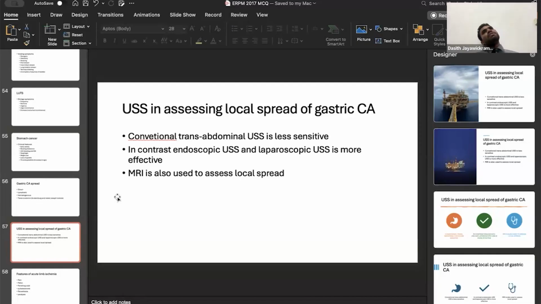LFT will not give us an idea about local spread. It will give us an idea about whether the liver is involved, but other than that, not. So it's false. So the answers are: MRI true, abdominal ultrasound false, echo false, endoscopic ultrasound true, LFT false.